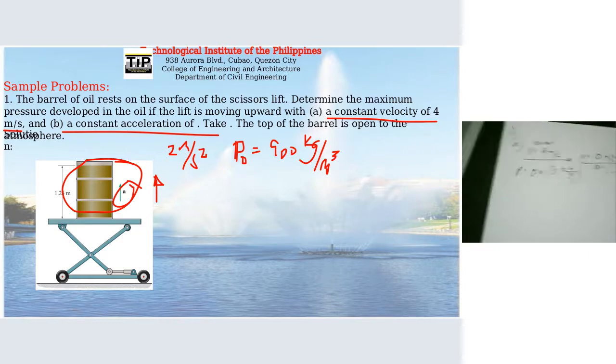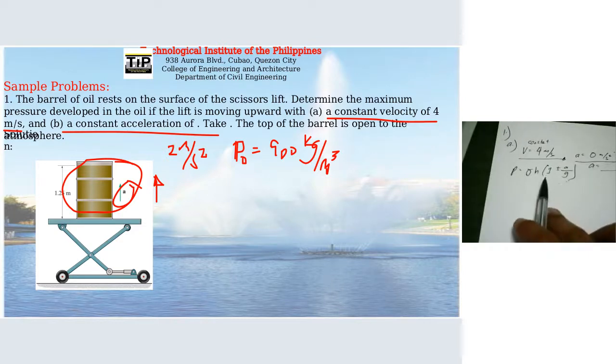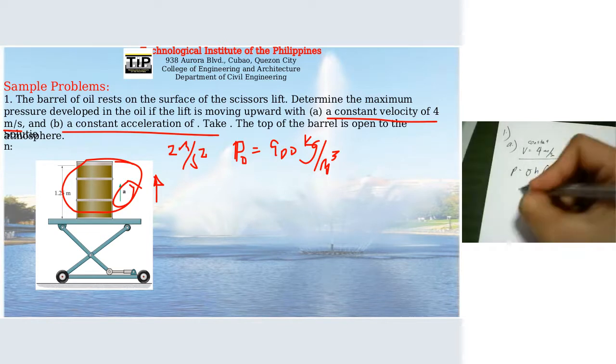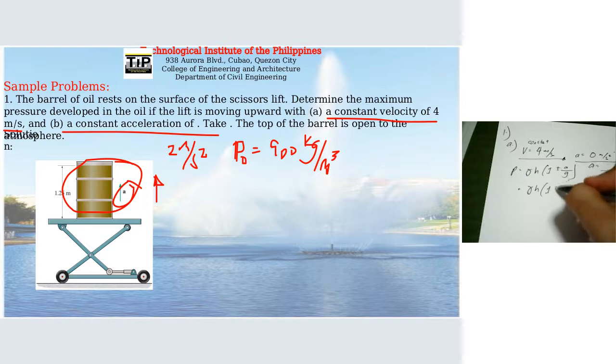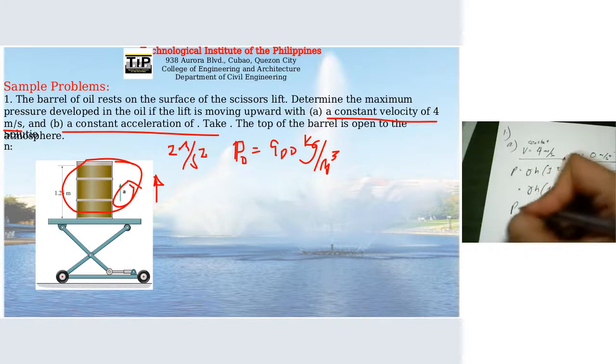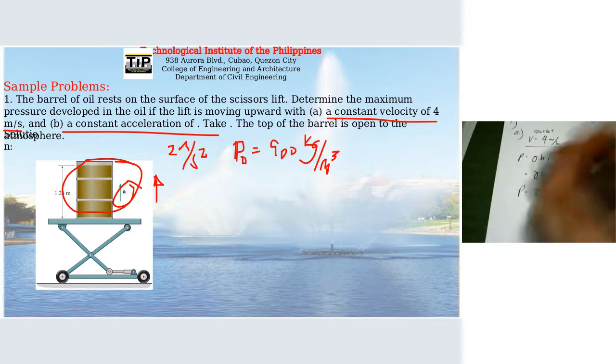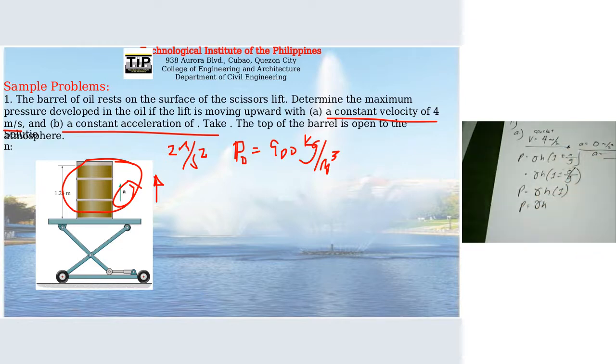So, if that's the case, this P can still be applied, right? Because we have gamma H times 1 plus minus 0 over G. So this will just be gamma H times 1 or gamma H.